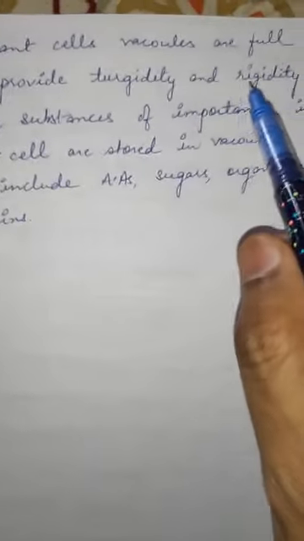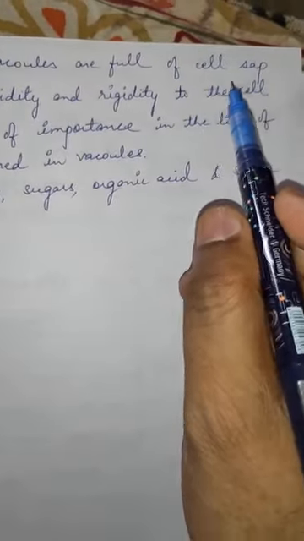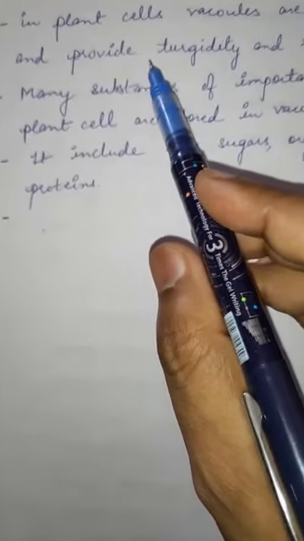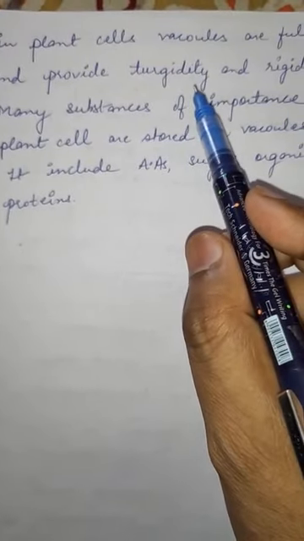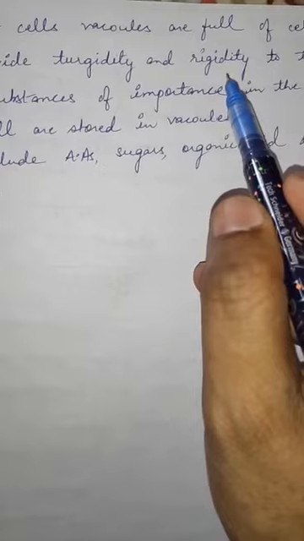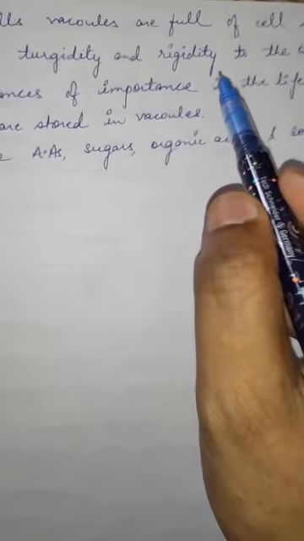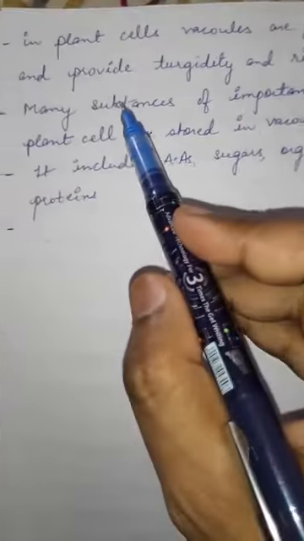In plant cells, vacuoles are full of cell sap, right? Cell sap will be present inside. What will it provide? It will provide turgidity and rigidity to the cells.